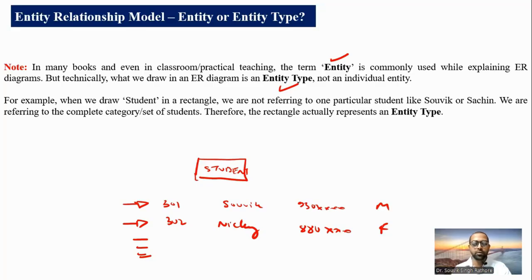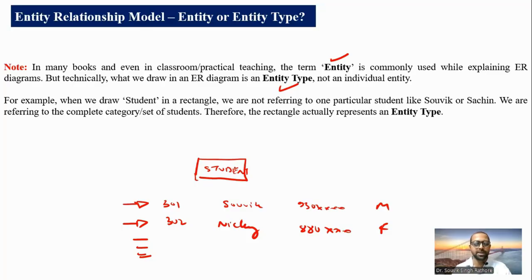Just remember one simple comparison: an entity type is just like a class or a category, and an entity is one specific member in that category. You can also compare it with programming. A class defines a structure, while an object is the instance of that class.